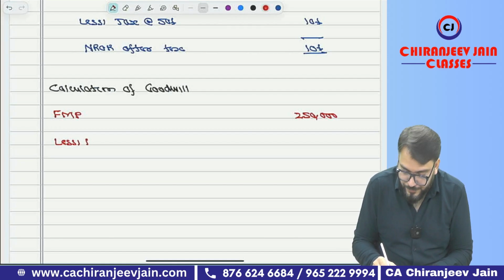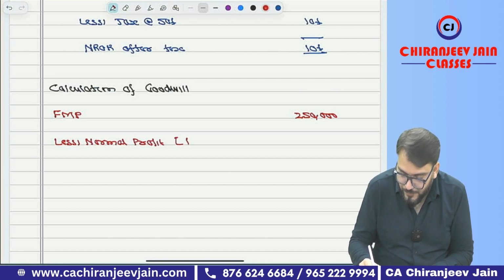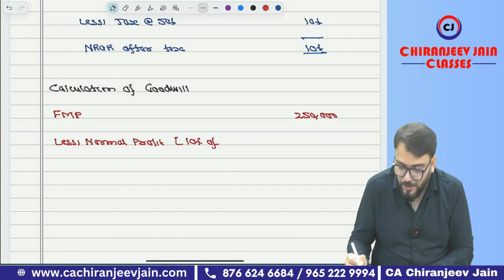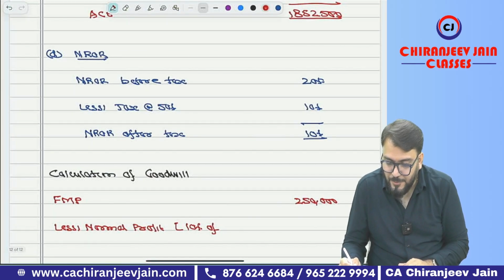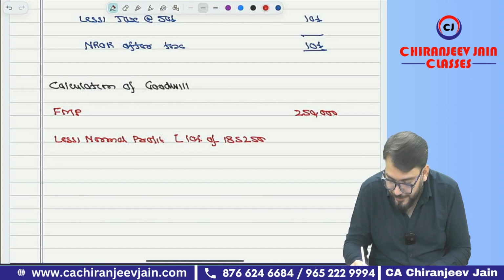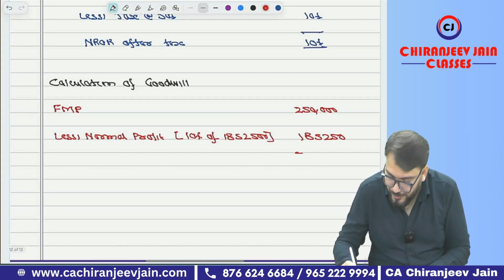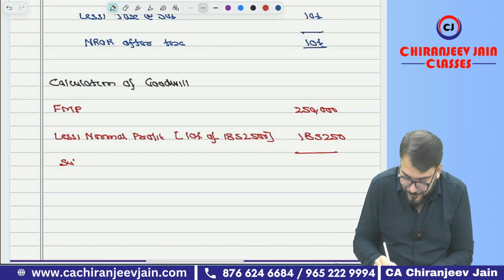What is normal profit? Normal profit is equal to 10% of average capital employed. What is the average capital employed? 18,52,500. 10% of it is 1,85,250.